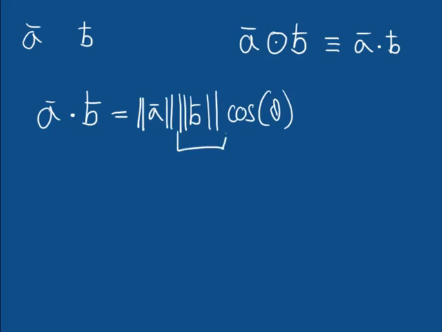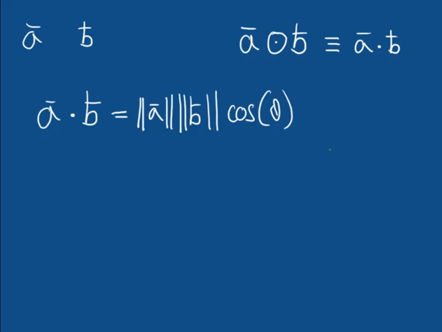The length of B, the magnitude of B, is just a scalar value. The cosine of an angle is a scalar value, therefore we've got a scalar multiplied by a scalar multiplied by a scalar. All three of these, of course, are going to multiply to give us a scalar value. So A dot B is equal to a scalar value, defined as the length of A times the length of B times the cosine of the angle between.